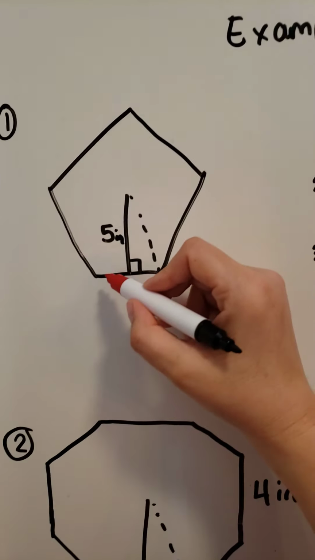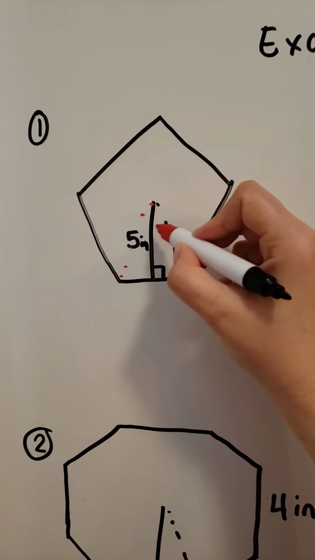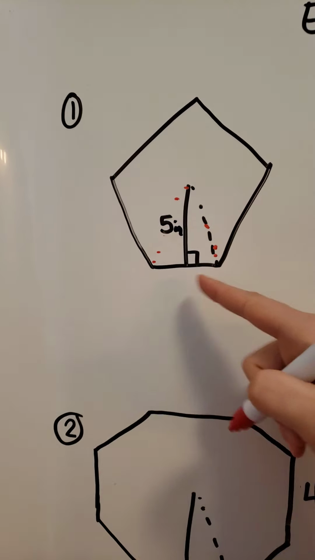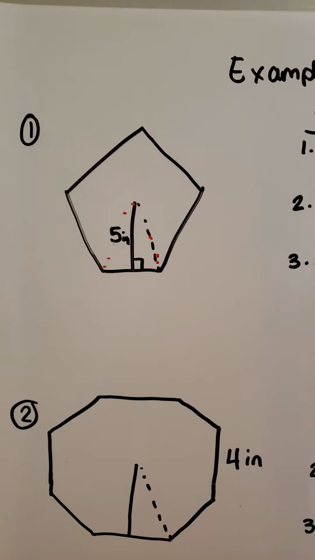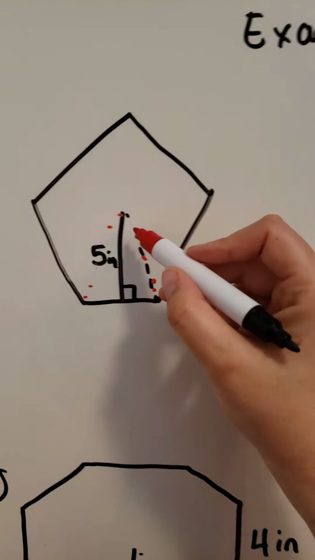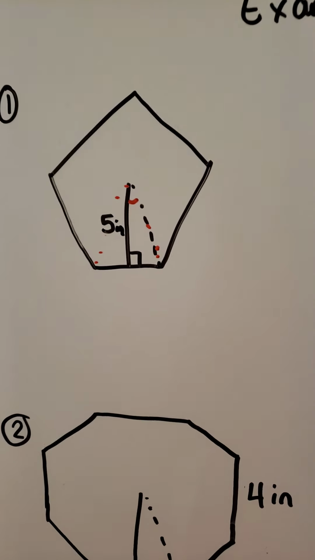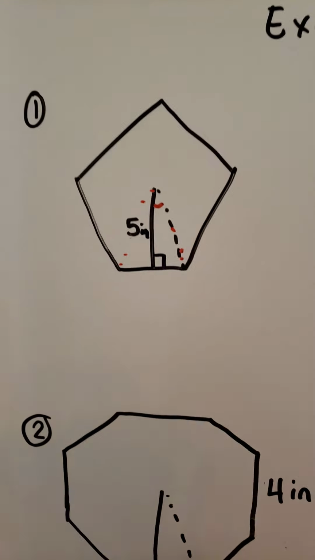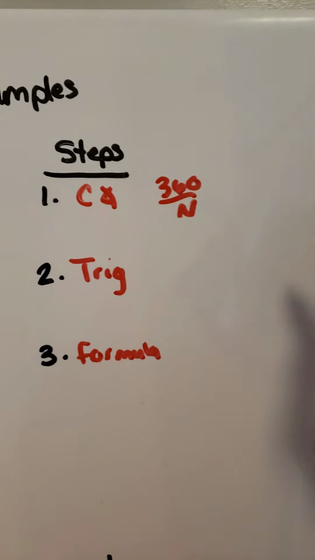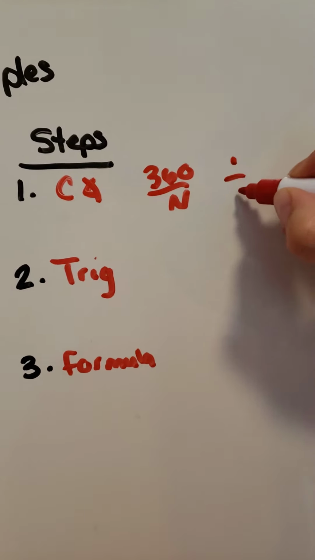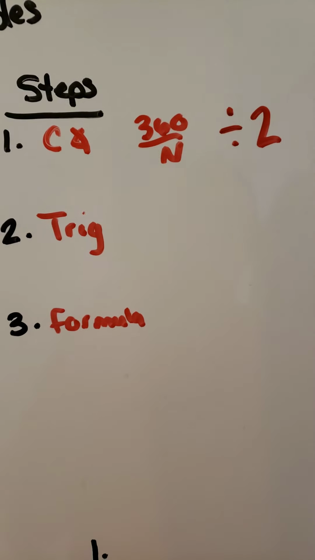So 72 degrees gives me this total angle here. That's my central angle. Remember, because both sides have to go through the vertices. So 72 degrees, but I want just this guy. So in order to get that, I have to take 72 and divide that by 2 because there's 2 halves. And that gives me 36. So I know my central angle, I'm going to put here so you know you divide that answer by 2, equals 36 degrees.